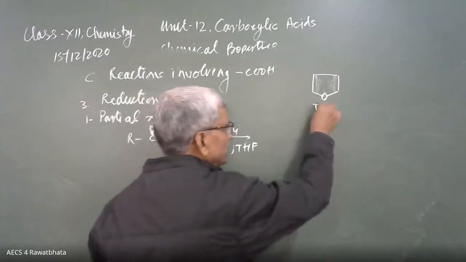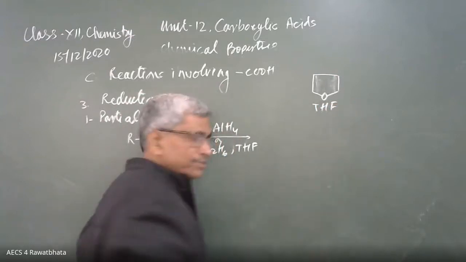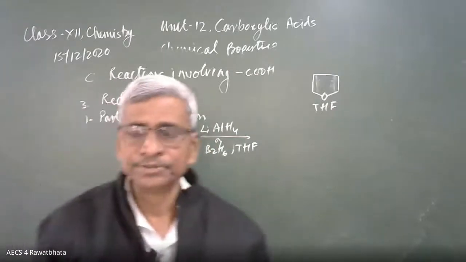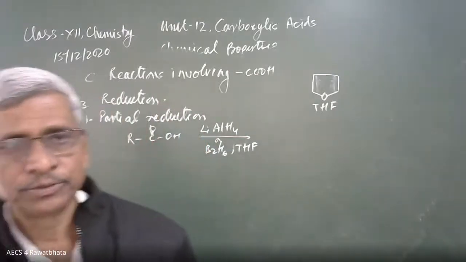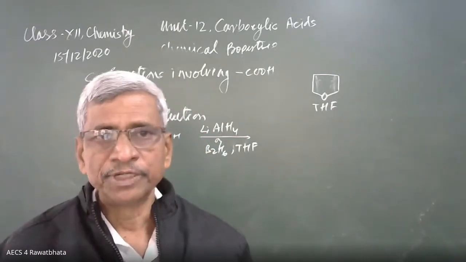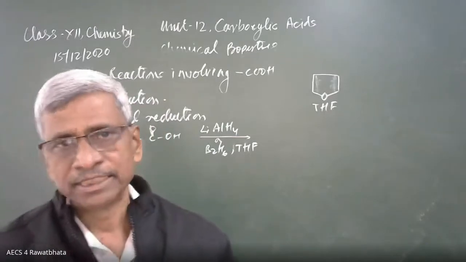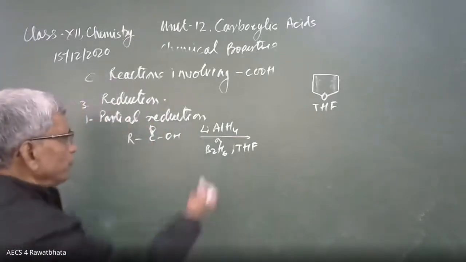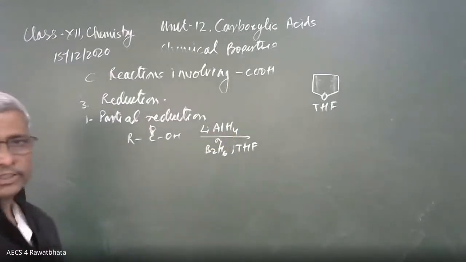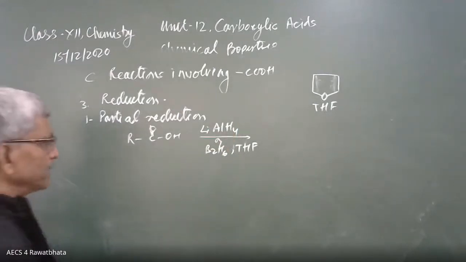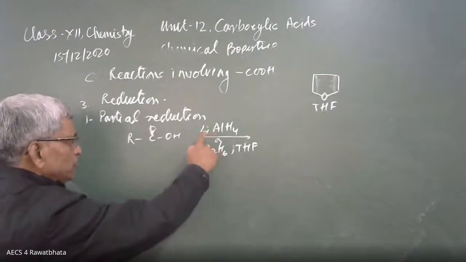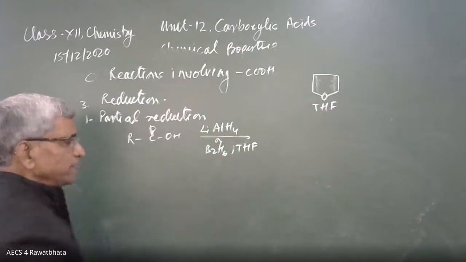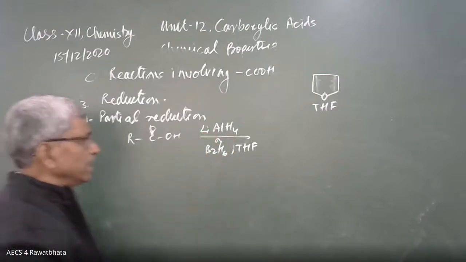That's why this compound is called tetrahydrofuran. Since it is an ether, somewhat polar, and less reactive, it is one of the good solvents. Here THF, tetrahydrofuran, is used as solvent. Anyway, by reducing with LiAlH4 or with B2H6, we are going to get alcohol.